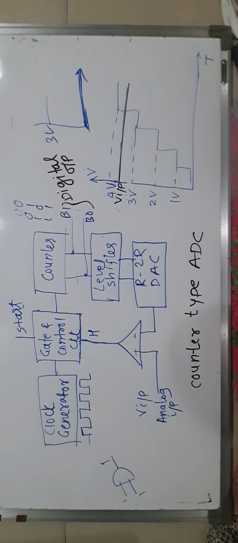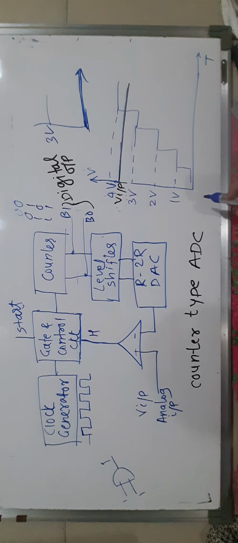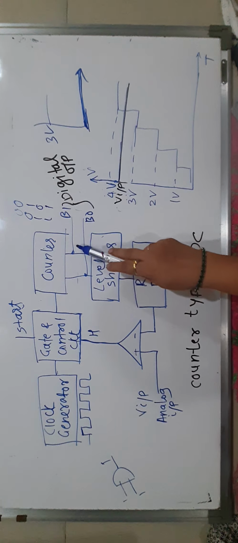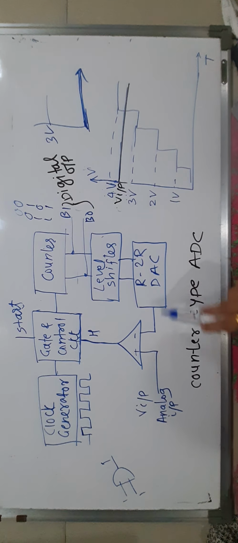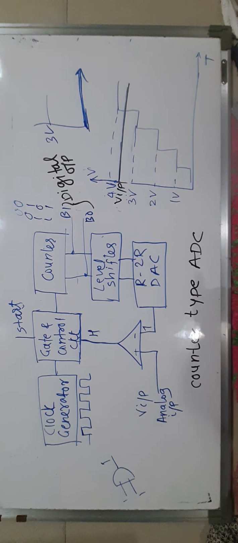So what we do? First we increment the count by 1. So the output of the counter will be 01, meaning 1 volt. That 01 is converted into 1 volt by the DAC. So here the reference voltage will be 1 volt.